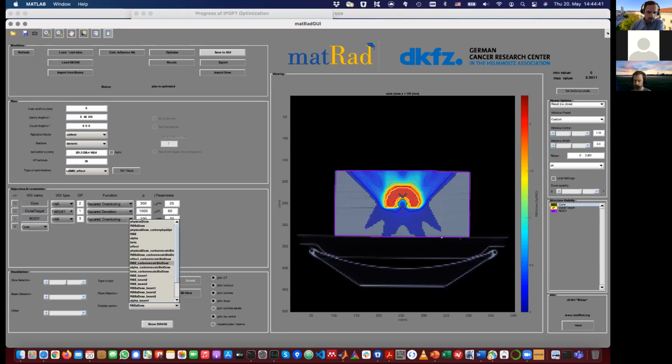Basically, this means when we do not consider these biological effects and simply optimize the physical dose, we highly overdose our tumor. And therefore, what we just did in the last step, we ran a biological optimization to compensate for these non-linear biological effects. And this means that in order to get a homogeneous biological dose, the optimizer downregulates the physical dose such that you end up with a homogeneous RBE weighted dose.